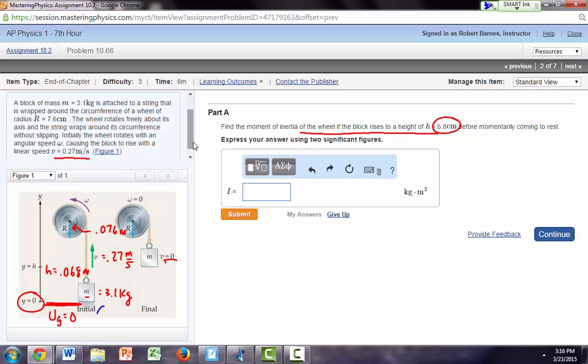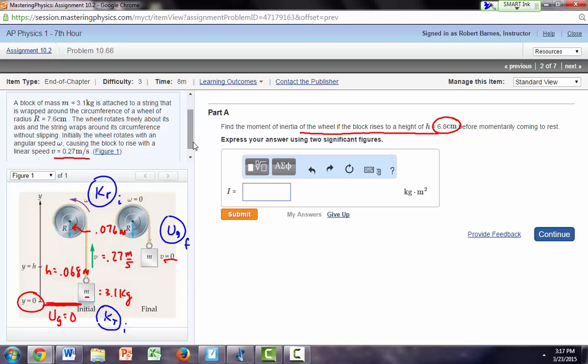At the beginning, I've got some kinetic energy of translation initially, and kinetic energy rotationally initially. At the end, since neither the block is moving nor is the pulley turning anymore, I have all UG, final.